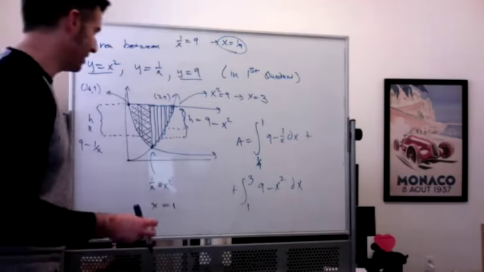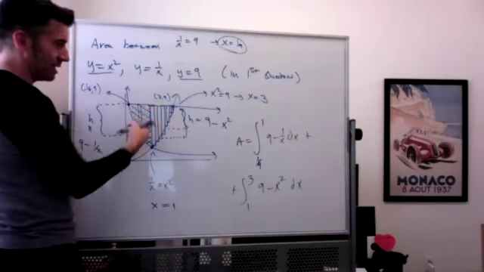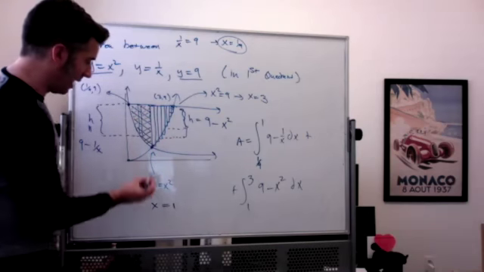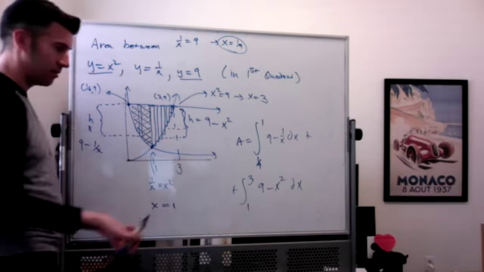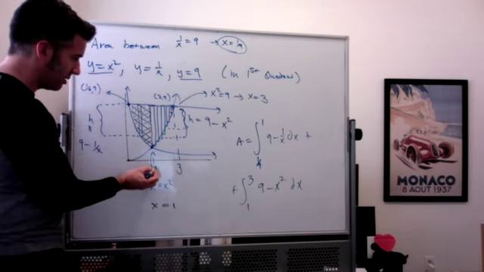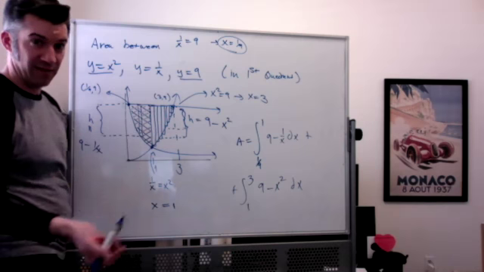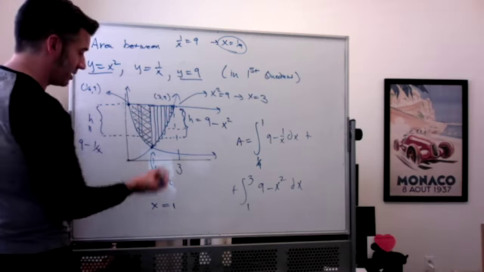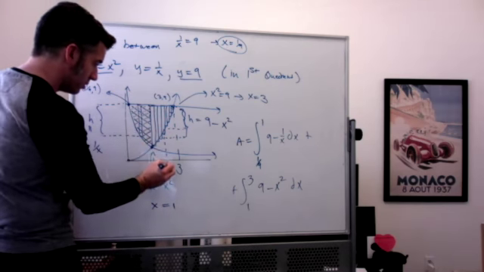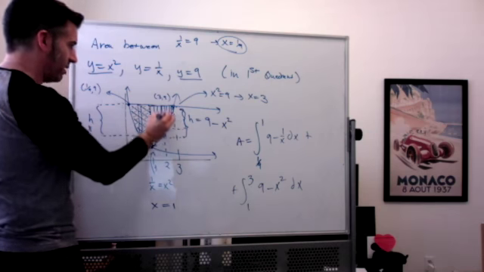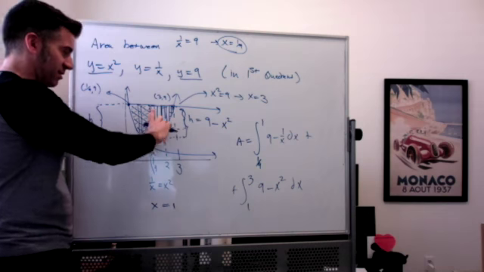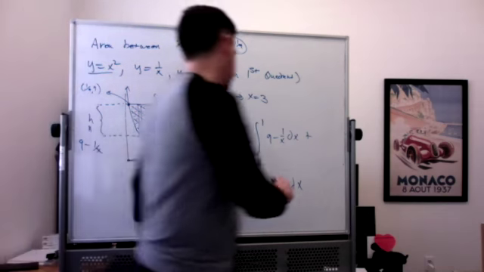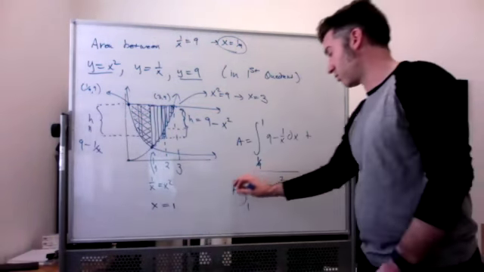And the height is 9 minus x squared, where x is anything from 1 to 3. So when x is 1, the height of this rectangle is 9 minus 1, which is 8. When x is 2, the height of this rectangle right here is 9 minus 2 squared, which is 5. So this rectangle is height of 5, this rectangle is height of 8. But the way we get them all is by doing the integral.